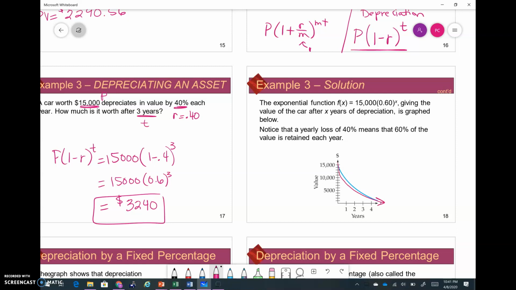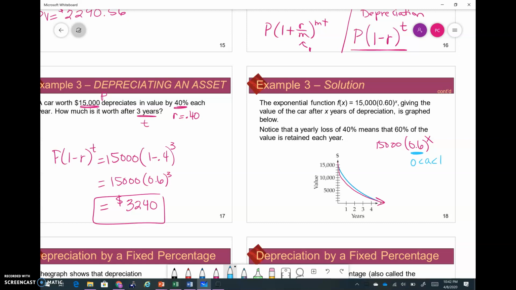And hopefully you'll see the connection that this 0.6, so the 15,000 times 0.6 to the x power, that 0.6 is an a value that is less than 1. Since that a value is less than 1, we know we have a decreasing function, or an exponential decay function.